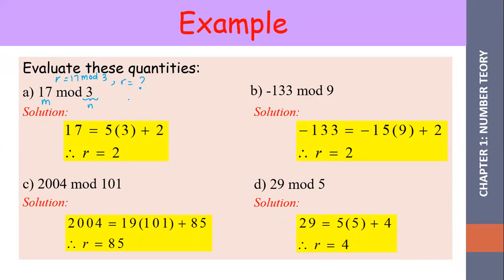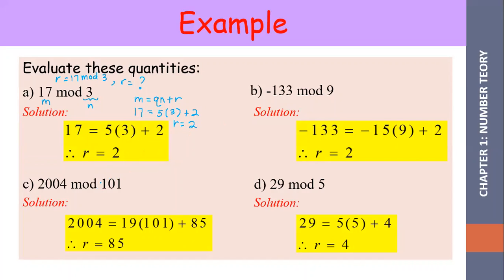We use the division algorithm, m equal to qn plus r. m is 17, n is 3. So 17 divided by 3, 5 times 3 is 15, plus 2 gives 17. So r is 2.